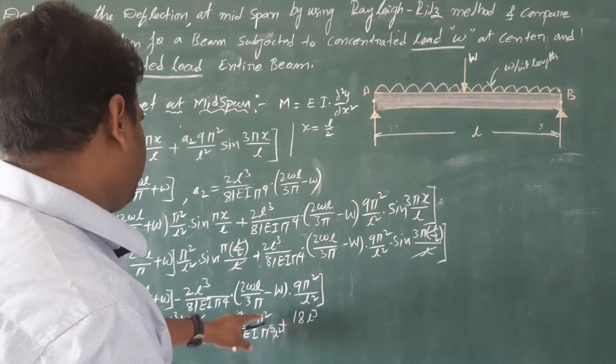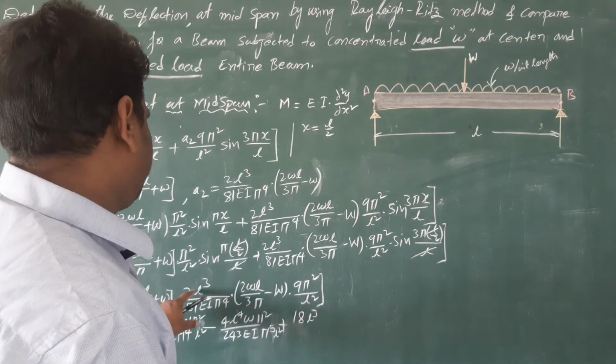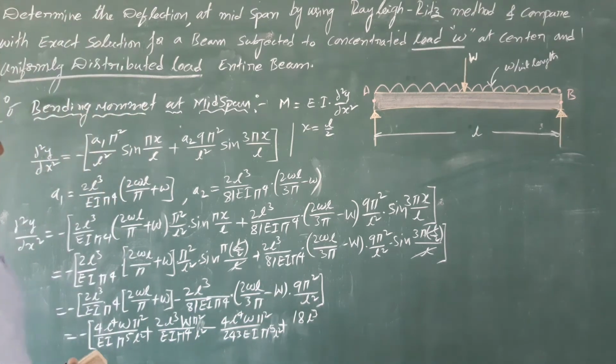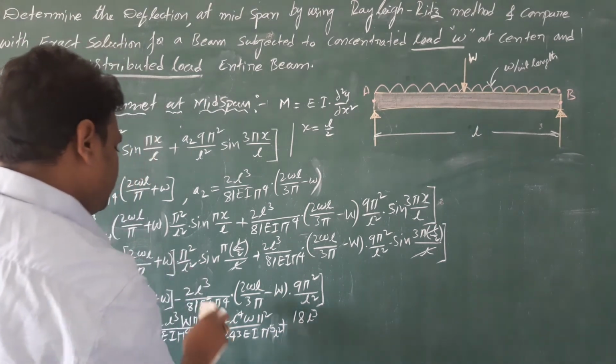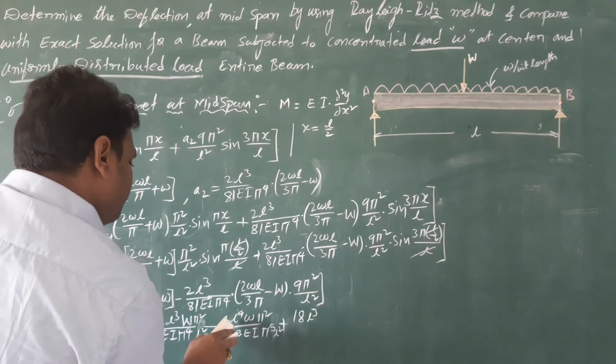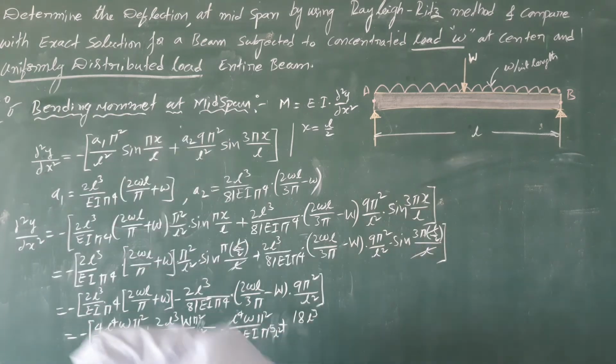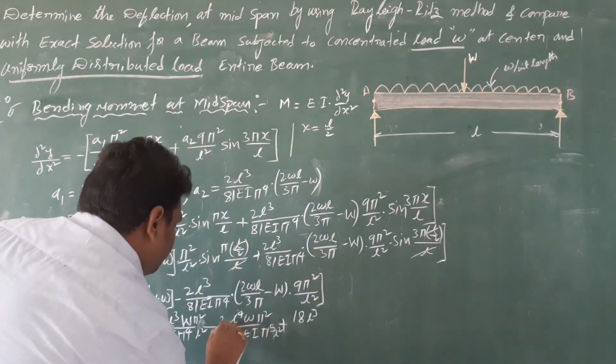9 is also, 4 9s are 32, here it will become 32. This is 32.